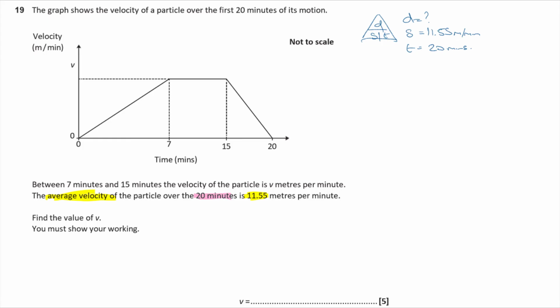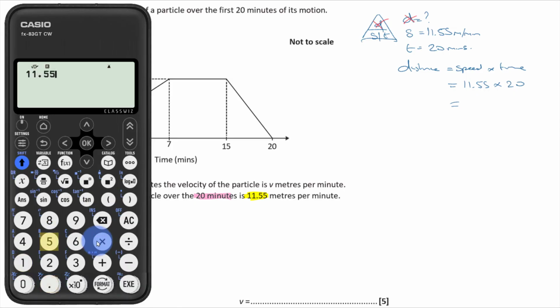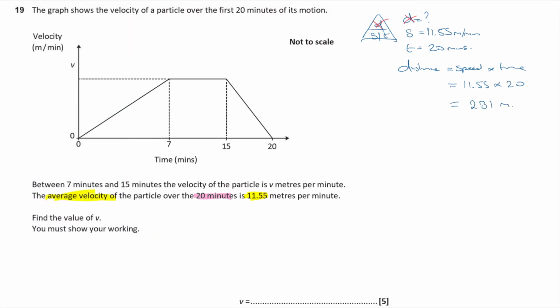Covering up d, distance equals speed times time, which is 11.55 times 20. So in those 20 minutes it would have travelled 231 meters. That is the total distance travelled.